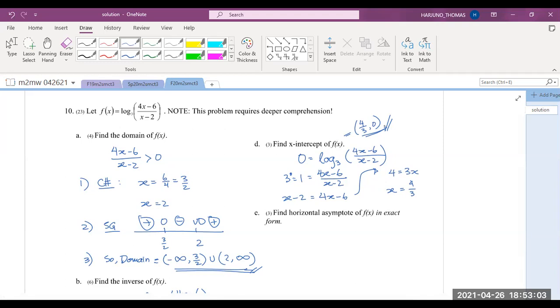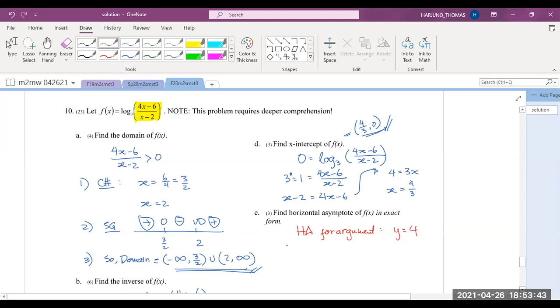How about the horizontal asymptote, in the exact form? Now you see that we have a horizontal asymptote here. So the horizontal asymptote for the argument is y equals 4.